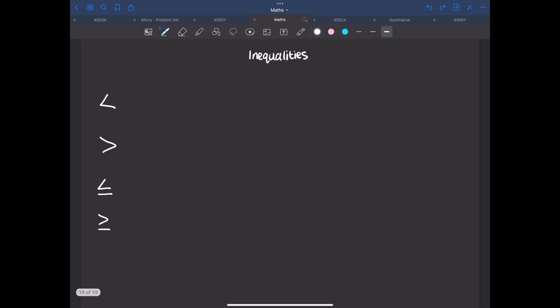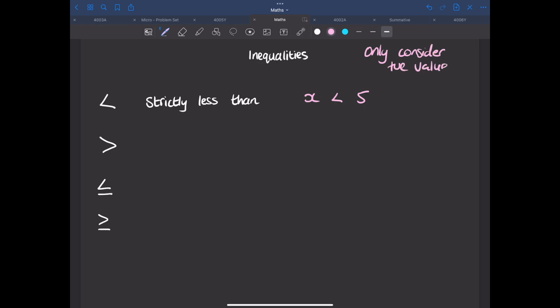So for the first one here, this simply means less than, or strictly less than. So I'll just write this really quickly. What this means is that any number below a certain value is considered, right? So let's say x is less than 5. Let's just consider positive values for now, just to make life a little bit easier.